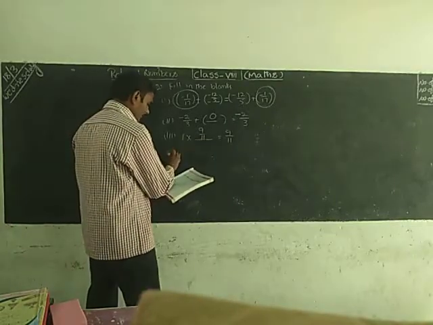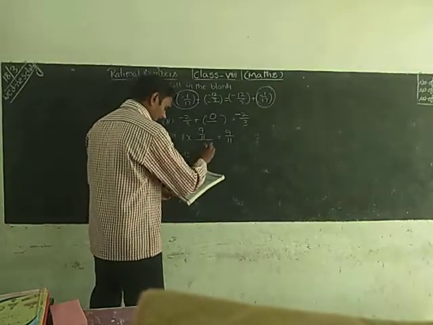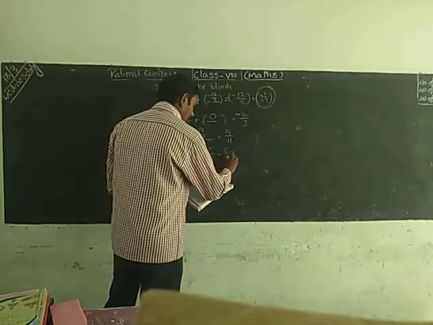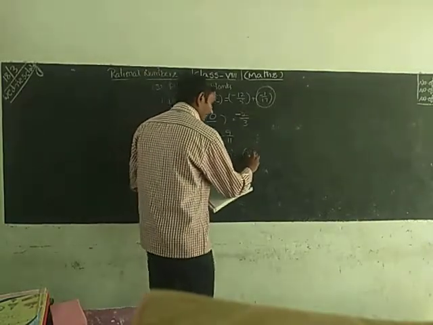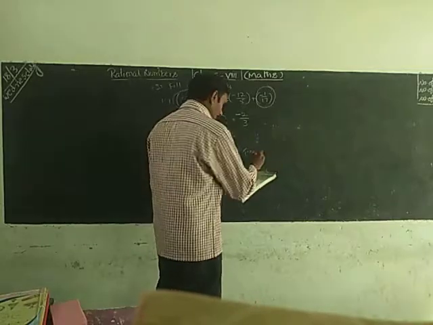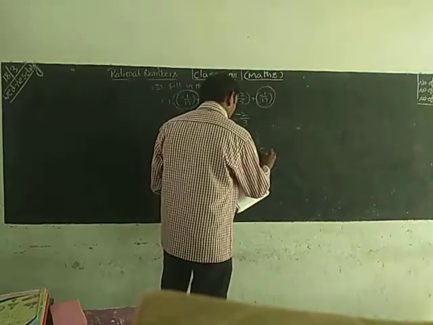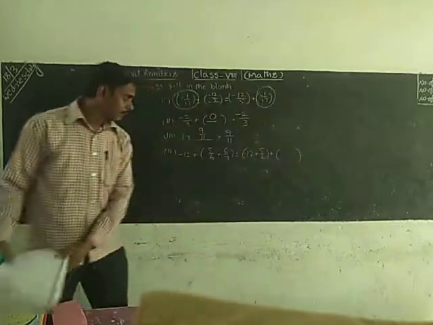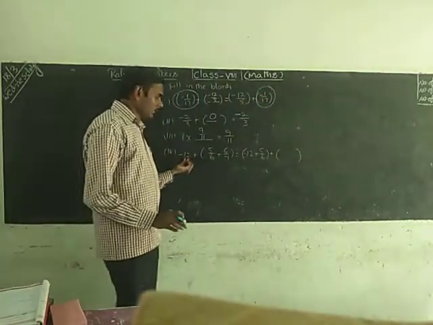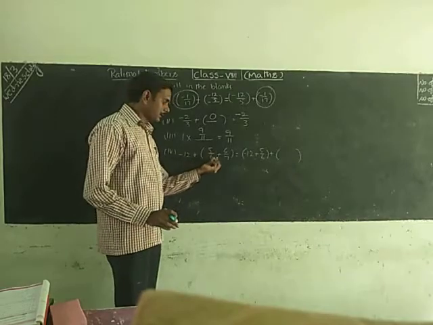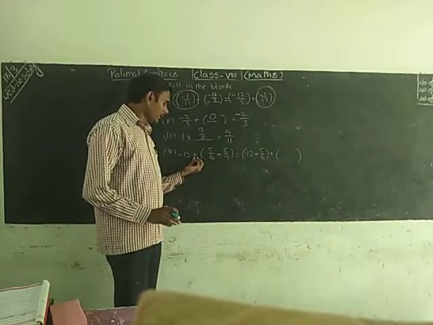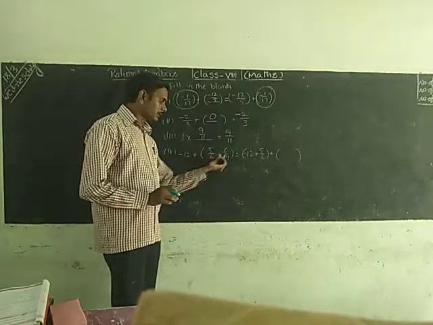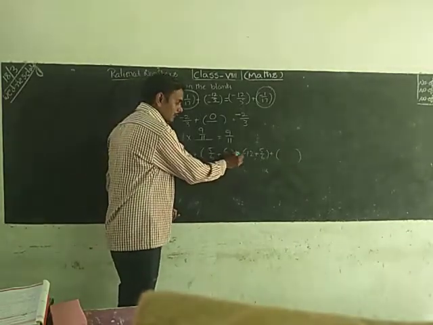Fourth one: minus 12 plus 5 by 6 plus 6 by 7 equals minus 12 plus 5 by 6 plus blank. Which property is it? Here we are using the plus sign only. Three numbers are there: minus 12, 5 by 6, and 6 by 7. After the equals sign, some addition is given.